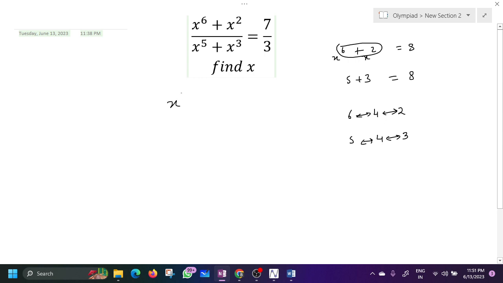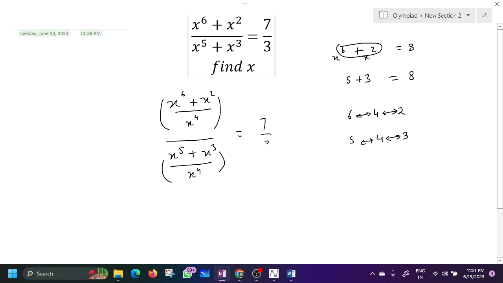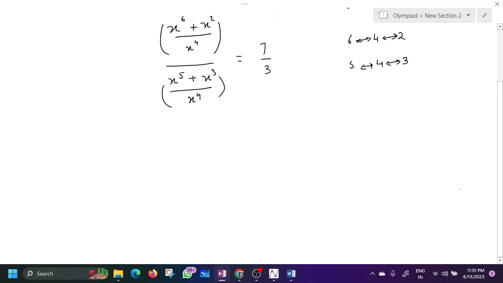See, x to the power 6 plus x square upon x power 4, whole over x power 5 plus x power 3 by x power 4, is equal to 7 by 3. Let us cross multiply them also at the same time.